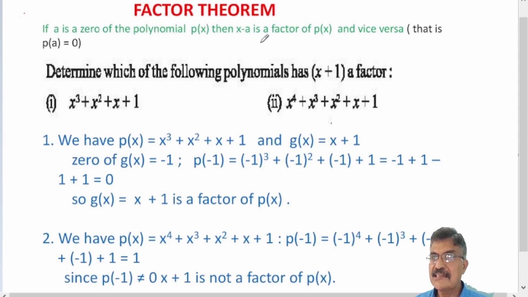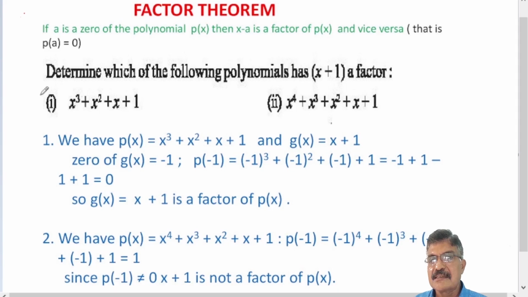If p(a) is 0, that means the remainder is 0. The remainder theorem we have studied says that p(a) represents the remainder while we divide p(x) by g(x). So p(a) equal to 0 means the remainder is 0. Then x minus a is called a factor of p(x). I have already told this in the previous session.